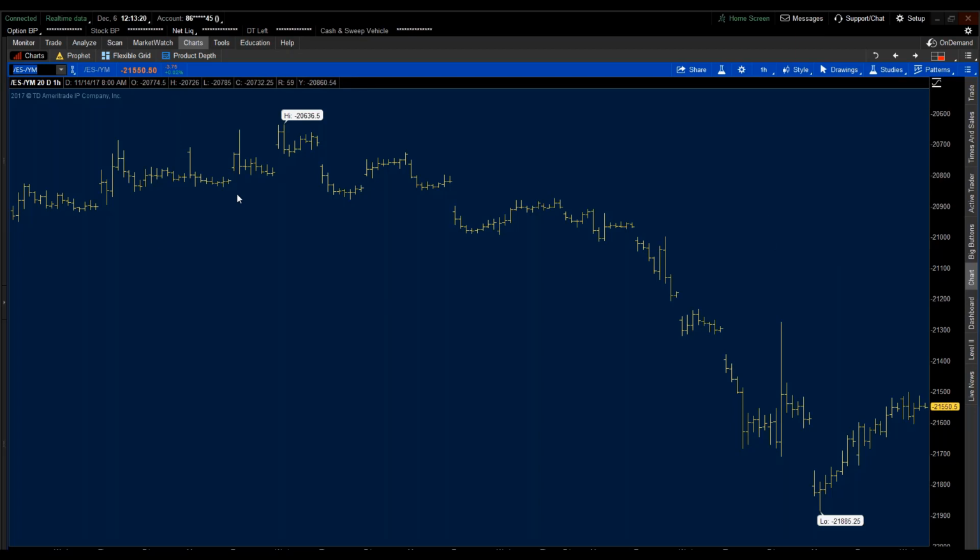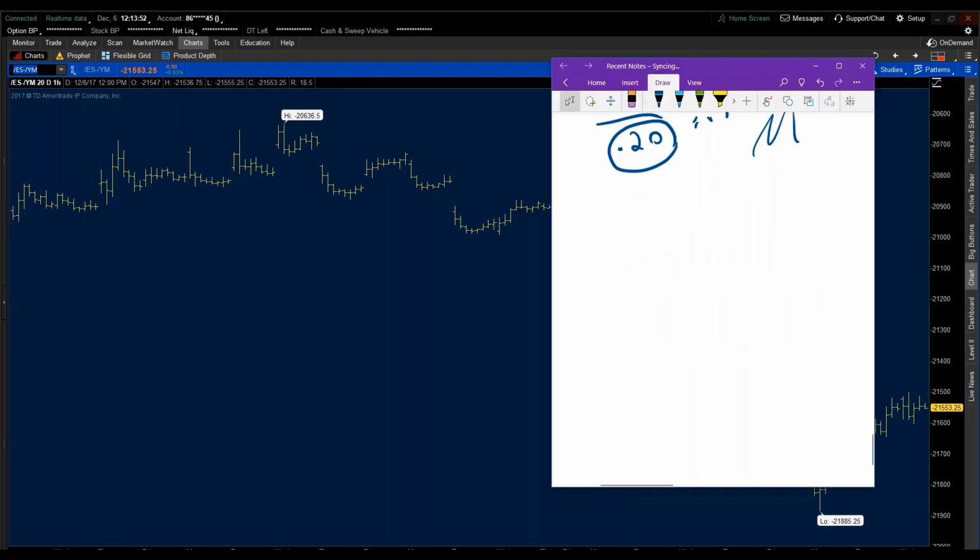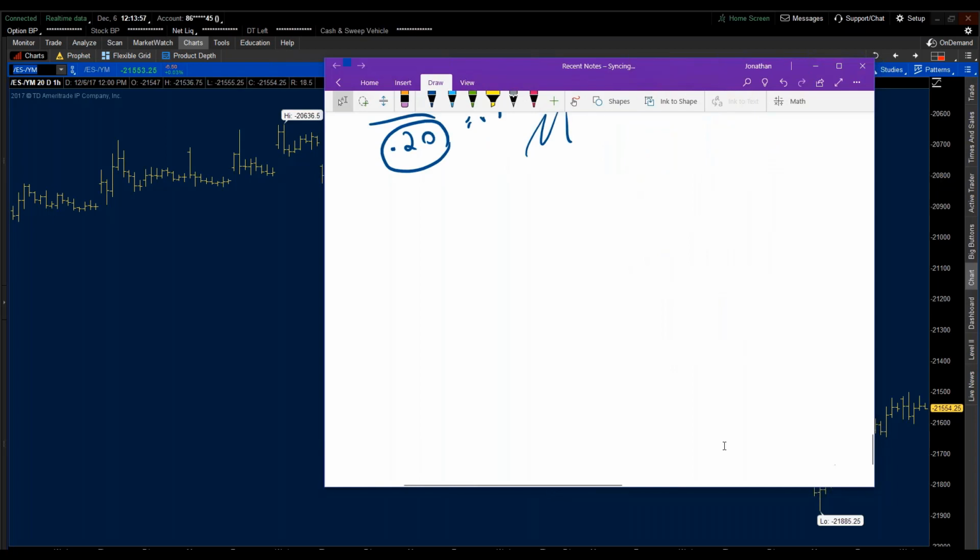Because if you think about it, if we're looking at the S&P and the Dow, we don't want to just get a feeling for which one's cheap and which is expensive. They're moving against one another, right?